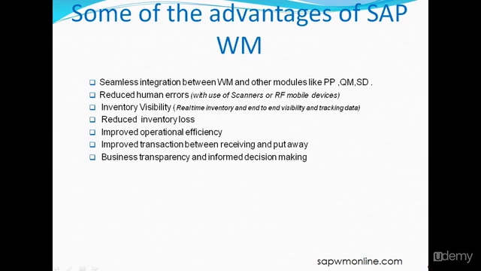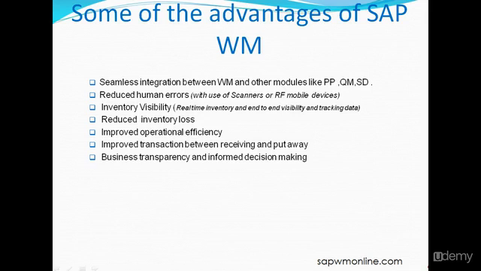So for example, if there are any transfer orders pending, if there are any deliveries to be picked, or if a particular operator has a tremendous workload, he can transfer some of the workload to another operator. So operational efficiency in a warehouse is improved.